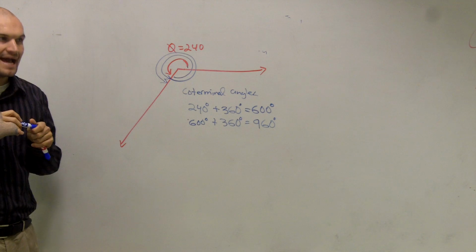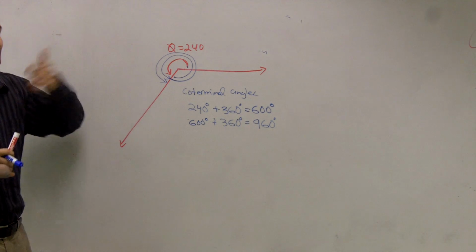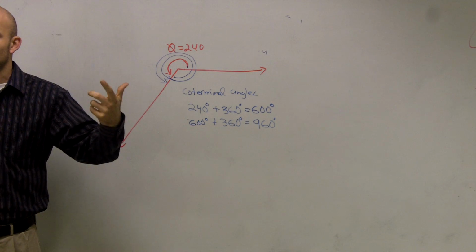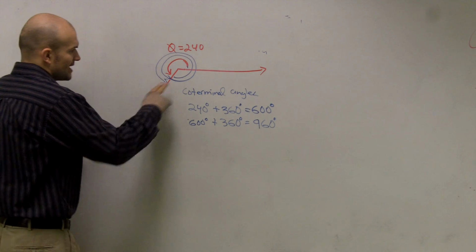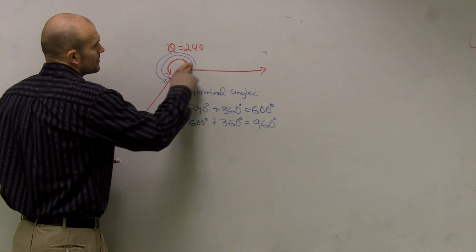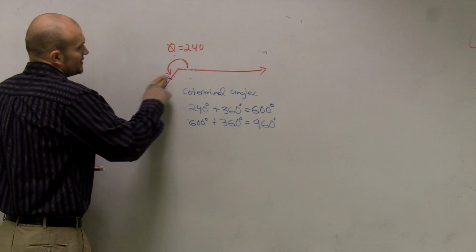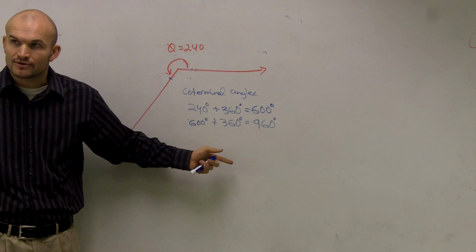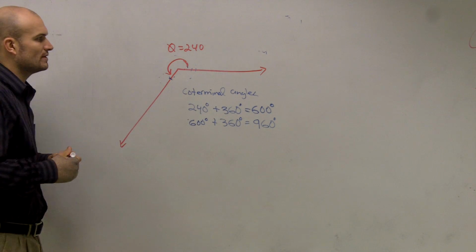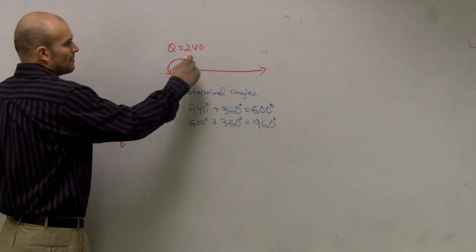Now, the question, though, asks, I want to find a positive and a negative coterminal angle. Well, if you guys look at that, if I can erase this blue, all these are going to be positive. And if I keep on adding 360, I'm going to keep on adding 360, right? Well, we can also go in the negative direction. Here is the positive direction.